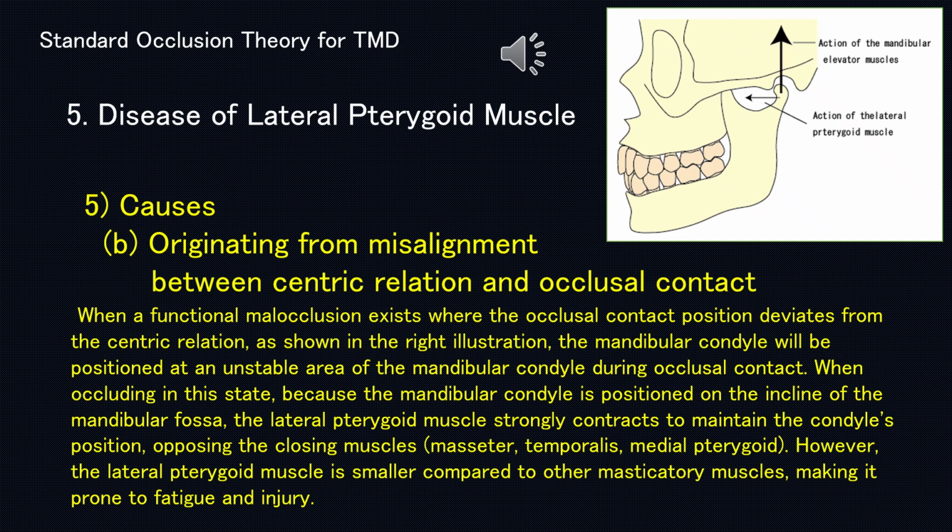When occluding in this state, because the mandibular condyle is positioned on the incline of the mandibular fossa, the lateral pterygoid muscle strongly contracts to maintain the condyle's position, opposing the closing muscles: masseter, temporalis, medial pterygoid. However, the lateral pterygoid muscle is smaller compared to other masticatory muscles, making it prone to fatigue and injury.